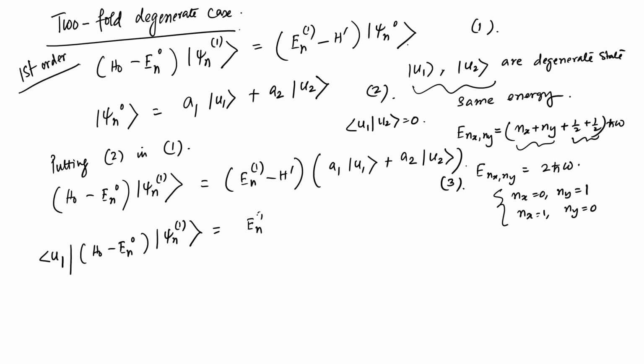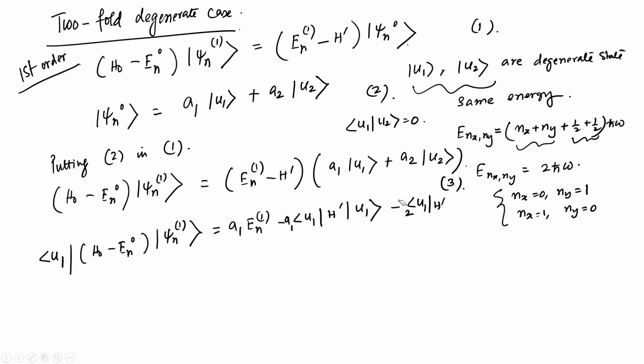So, this will be En1 and this u1, and then u1 overlap will give you 1, and u1 u2 overlap will give you 0, but nevertheless you have a u1 H prime u1 with A1 here, and that is a minus term, and this is equal to 0. And then you also have a term which is minus u1 H prime with the A2 coefficient.